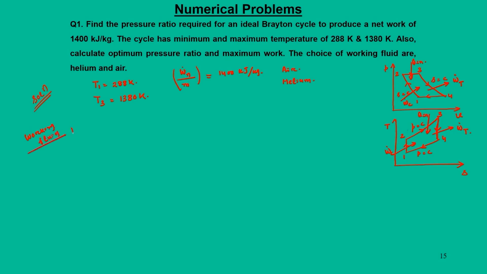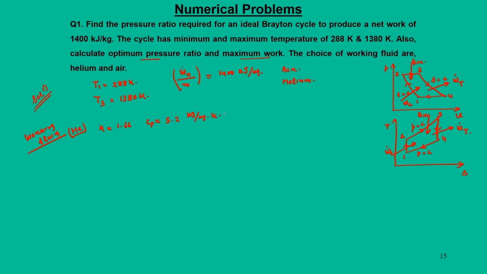If you take helium as the working fluid and try to find out the optimum pressure and maximum work, then we note down these values. Specific heat ratio for helium is 1.66, and Cp value is 5.2 kilojoule per kg Kelvin.